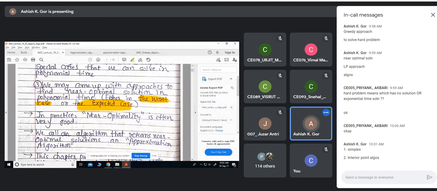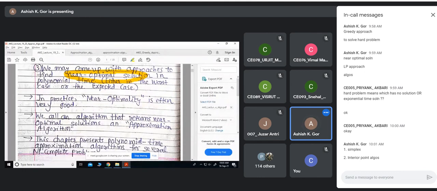But you see, I compromise one thing, that is optimality, and I am now interested in near optimal solutions. Now you will say, not always it will work, but most of the time near optimality is going to be found. Why?